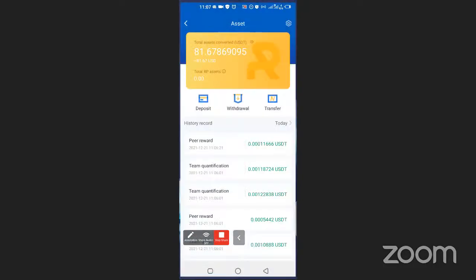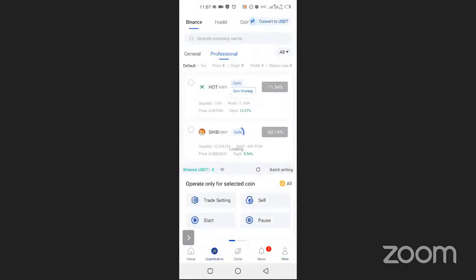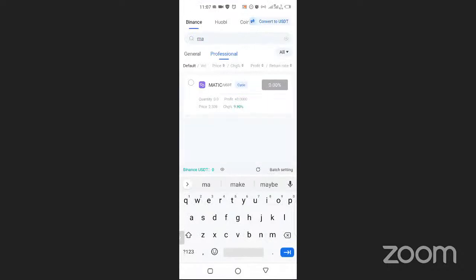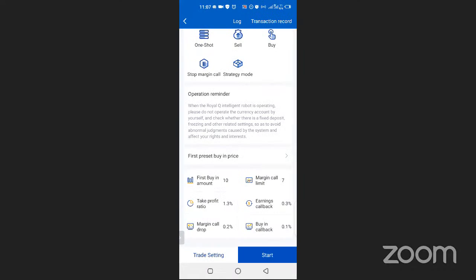So I've got some USDT. Okay, now let me come back here. I just want to show you Matic. Now I've already set everything, I remember.